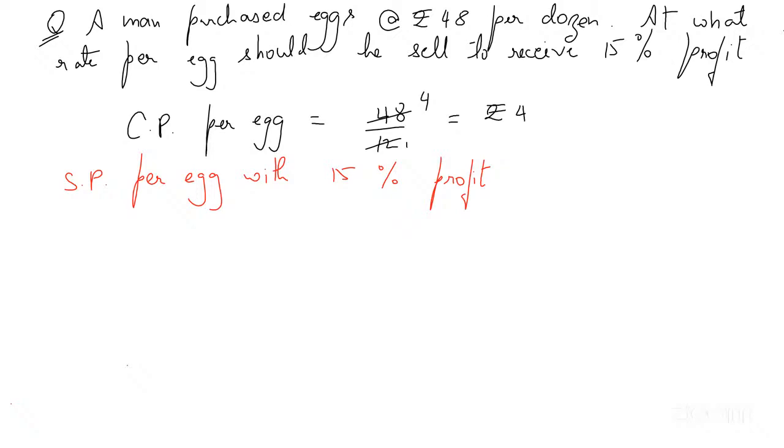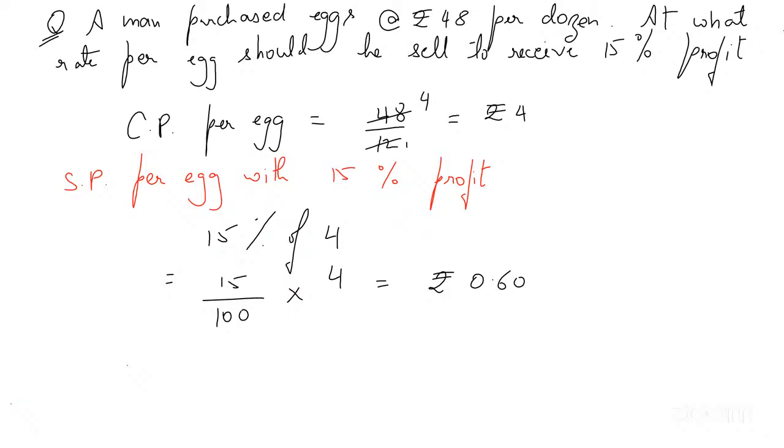That is 15% of 4 upon 100. I'll get rupees 0.60. This is my profit actually.